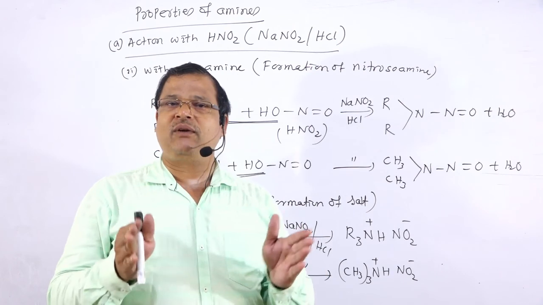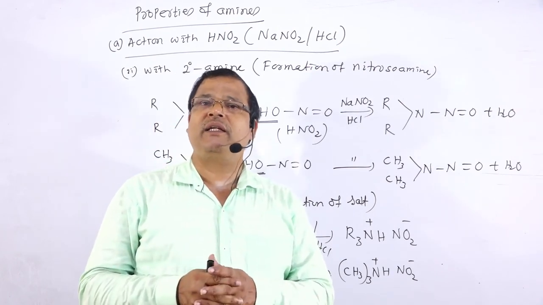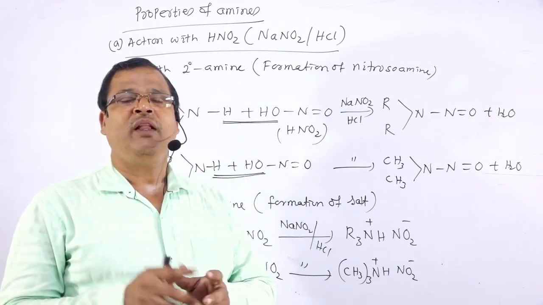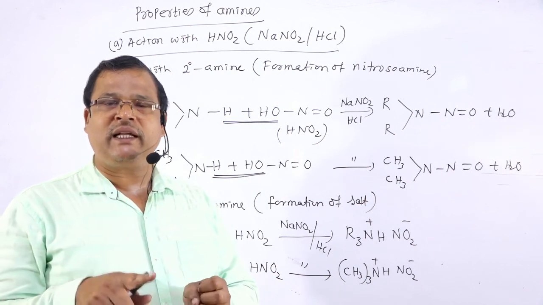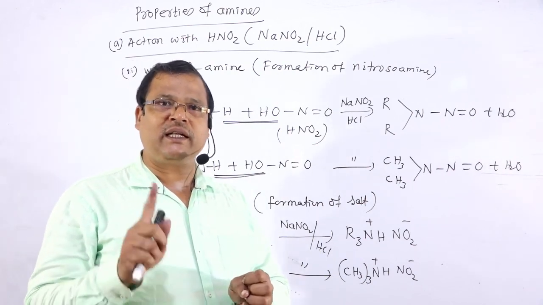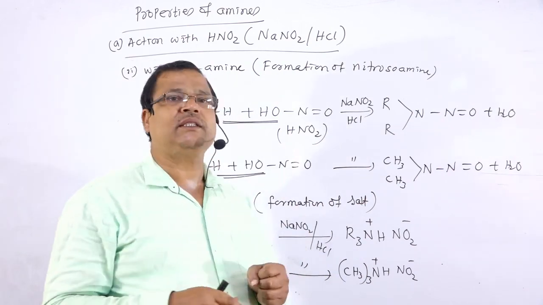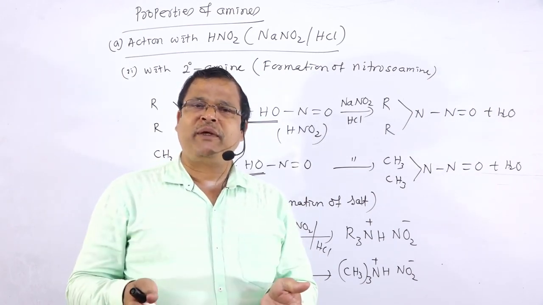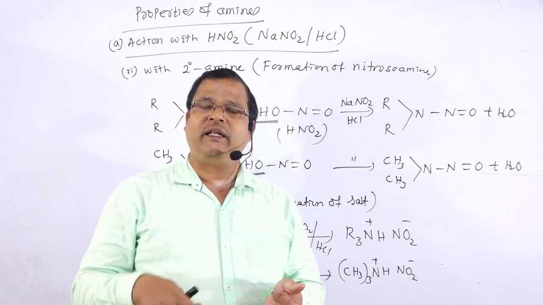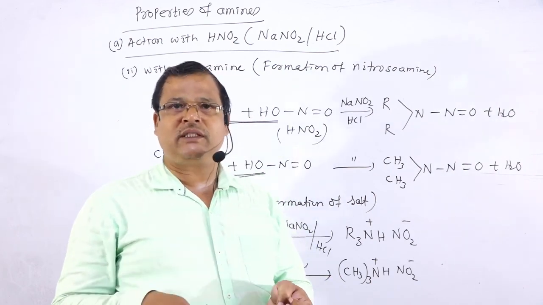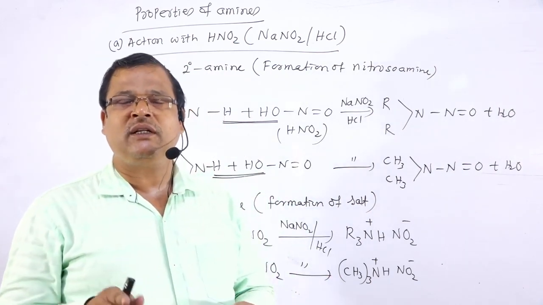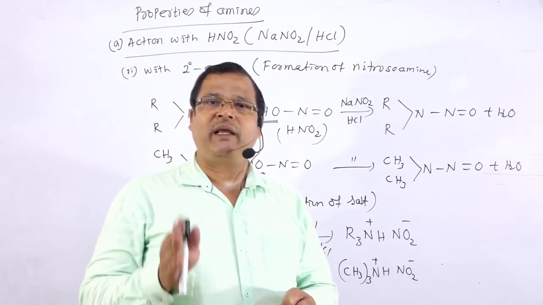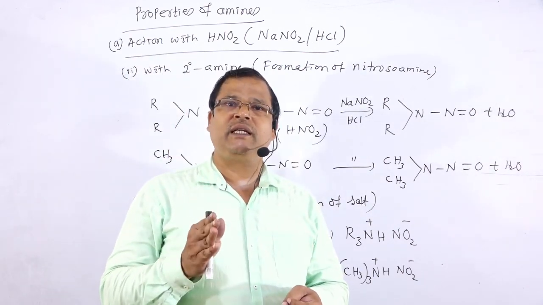Therefore, this reaction will distinguish between primary amine and secondary amine. And tertiary amines react with nitrous acid to form salt. So different types of amines have different reactions with nitrous acid. Therefore, this reaction distinguishes between primary, secondary and tertiary amines.